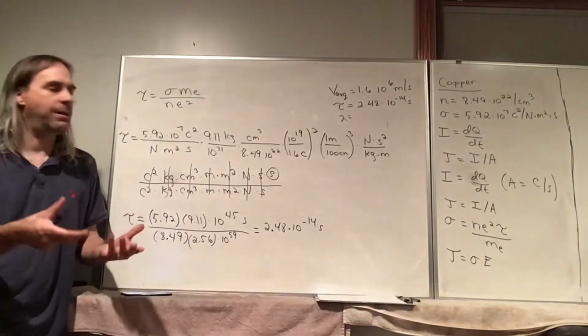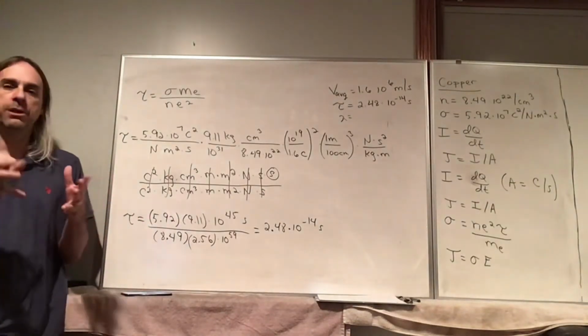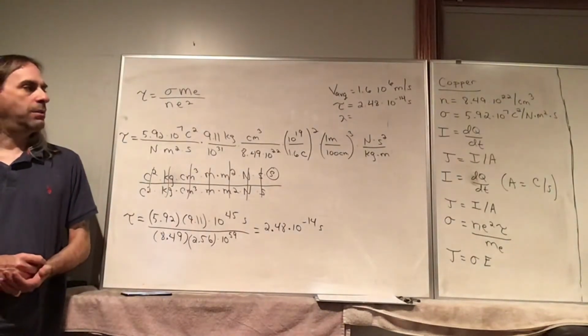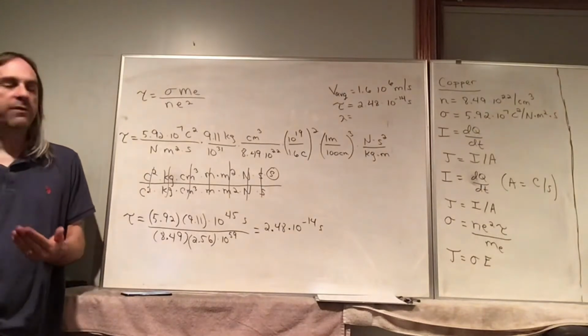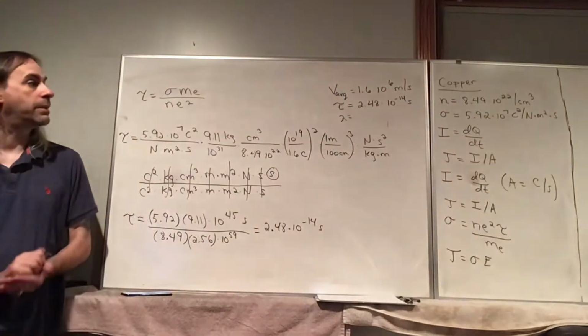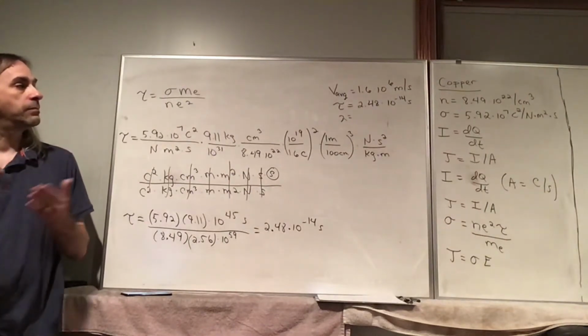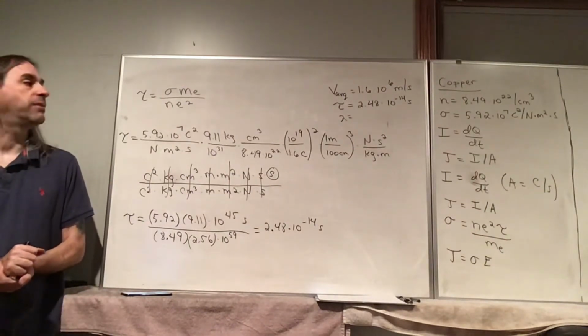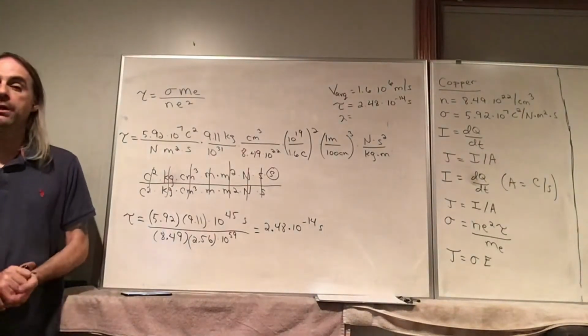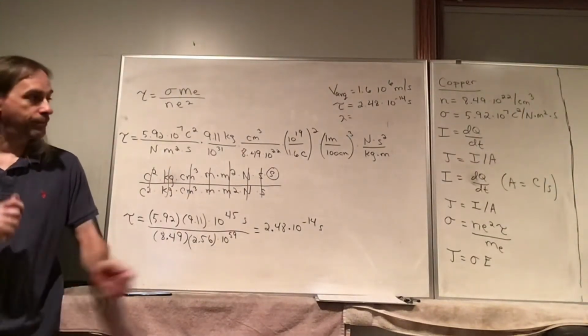And we're moving in a conductor where the distance between the atoms is very small. So you shouldn't expect it to travel very far before hitting something. And at this speed, yeah, it's going to be a very short period of time. Okay, so that's how long, on average, it's going to take before it collides with an atom.